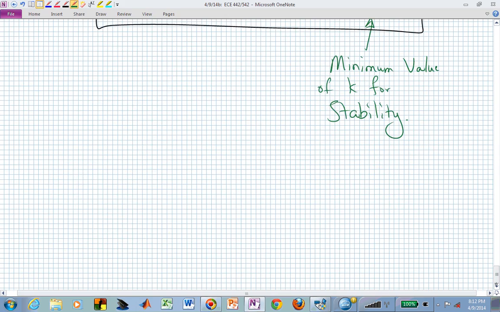And we have the formula for k, so we can use that to find the maximum value of k, and that's when z is equal to -1.